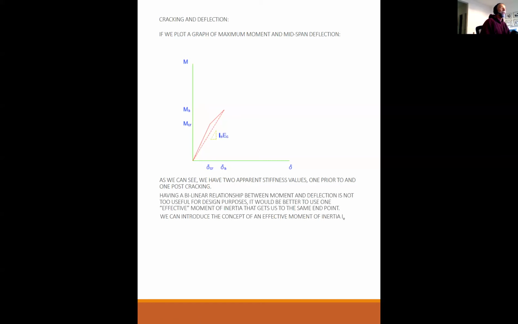This is the concept of an effective moment of inertia, I sub e. From the same moment, M sub A, we get the same deflection, delta A, regardless if we use uncracked and then cracked, or an effective moment of inertia that is uniform through the whole member.